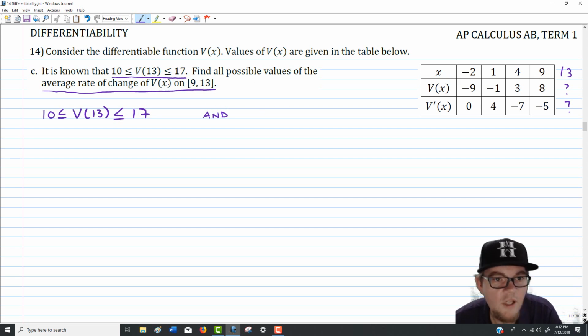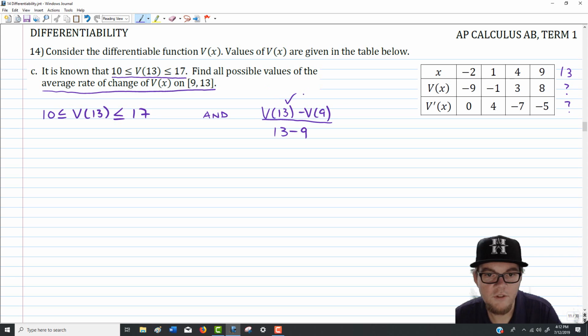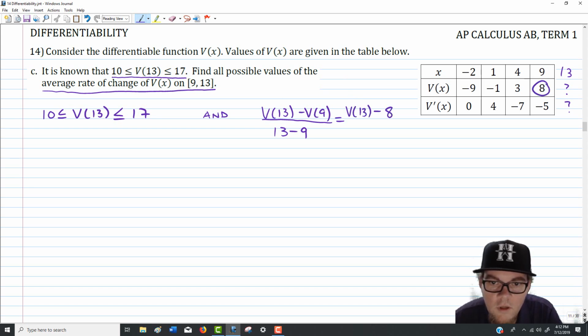If we want to do the average rate of change on the interval from 9 to 13, that would be v of 13 minus v of 9 all over 13 minus 9. So that's what we're trying to eventually get to. And you'll notice, since we know all about 9, we actually have v of 13 minus v of 9, so that looks like v of 13 minus 8, over 4 is the expression we're trying to find.